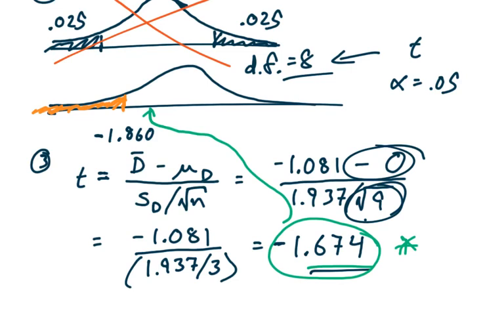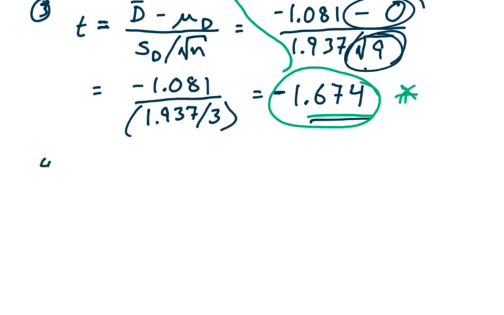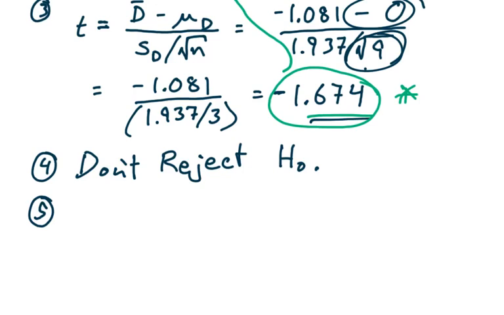Notice, where is this? It's not in this rejection region over here. We're in this zone over here, so we will not reject the null hypothesis. That's our decision. So step 4, don't reject H subscript 0. There we have it. And then in step 5, of course, summarize.